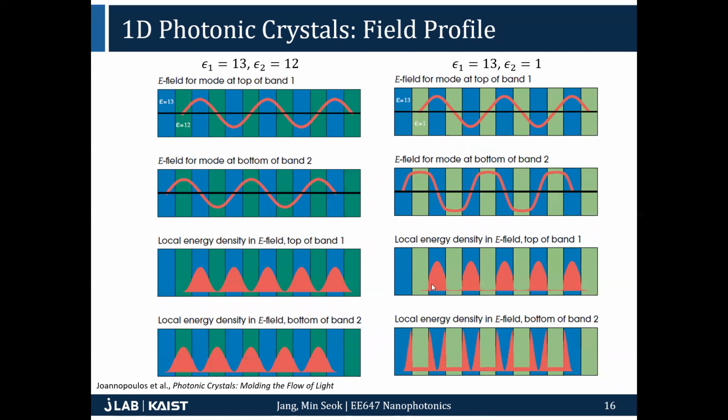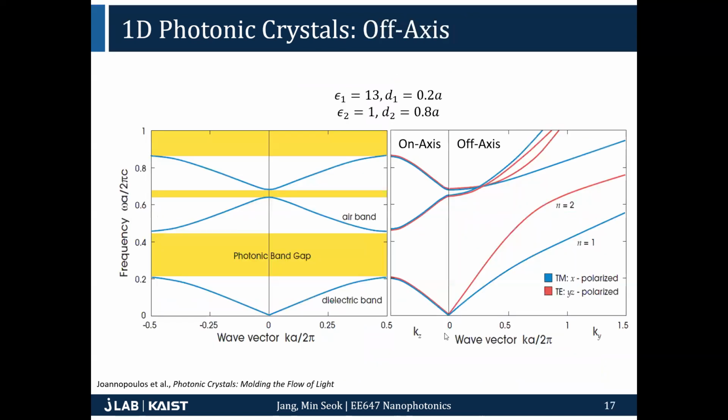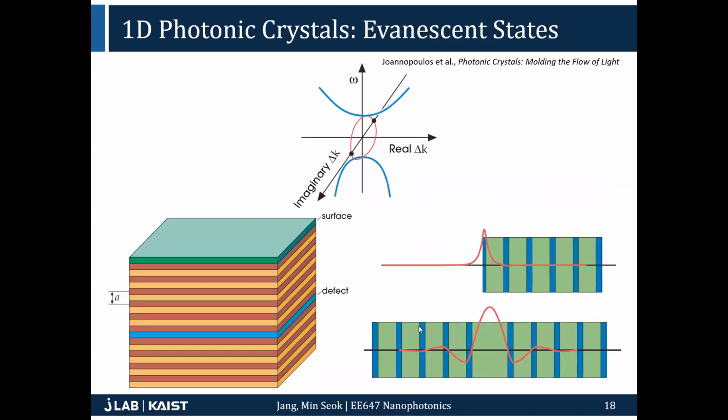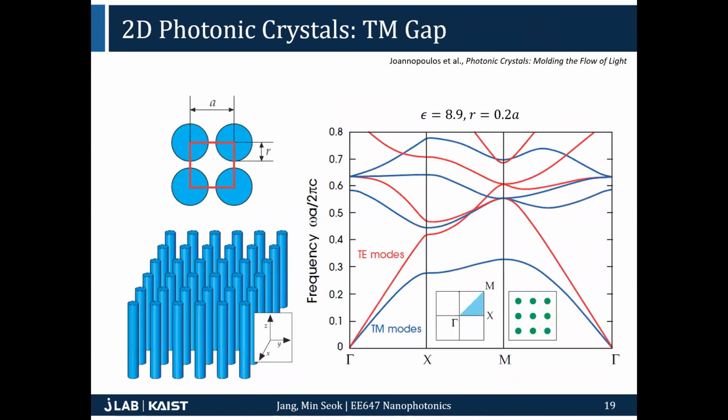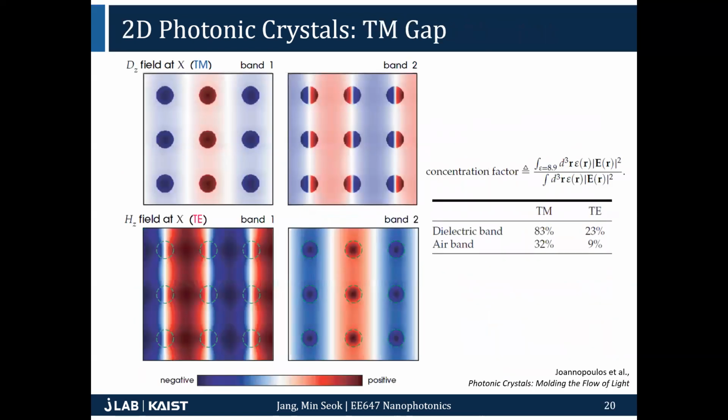If this concentration factor differs by a lot, then you have a relatively high band gap, and if there's not much of a difference, then the band gap becomes smaller or even closes.